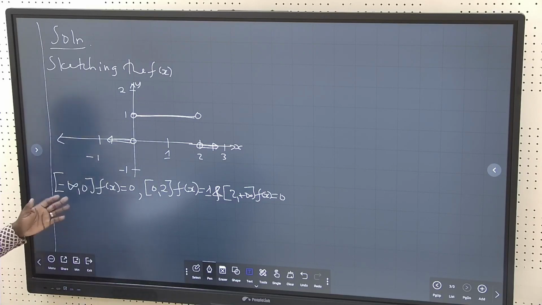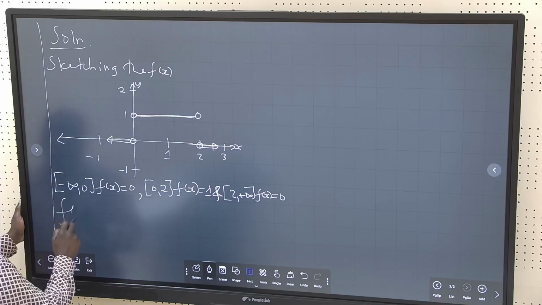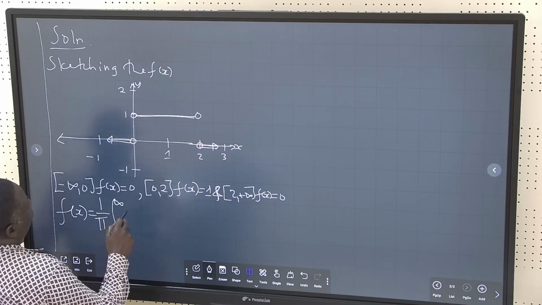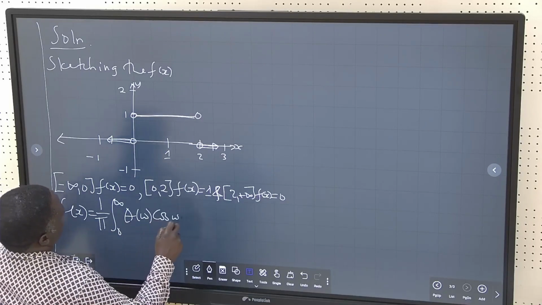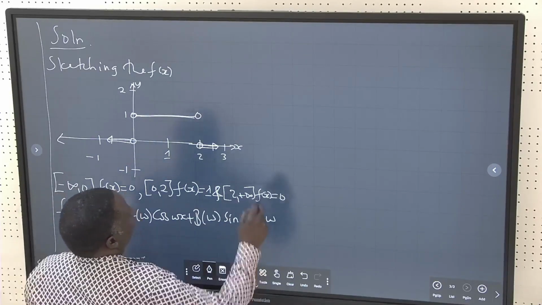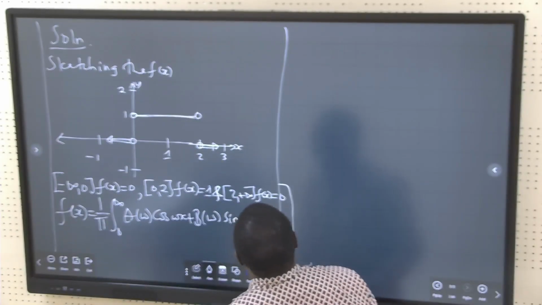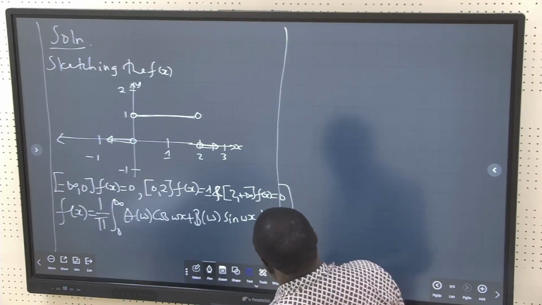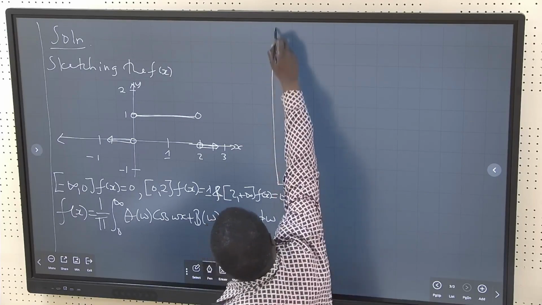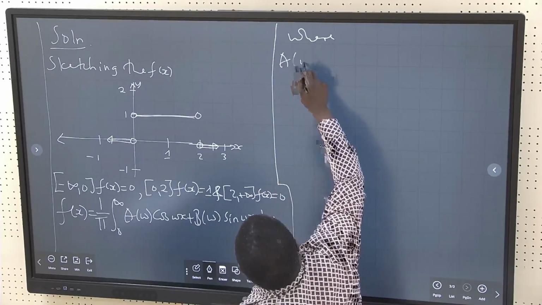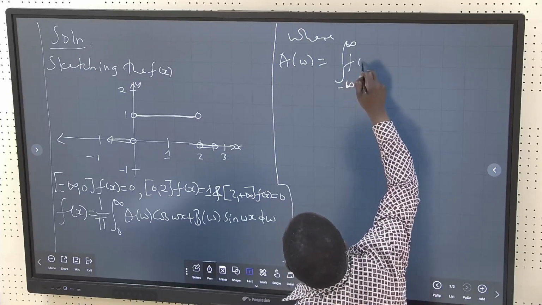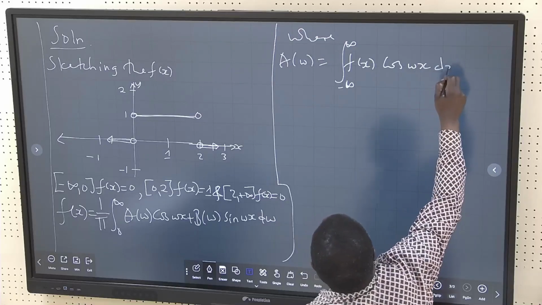Now, these intervals are very important since we know that f of x is given by 1 over pi, the integral from 0 to infinity of a omega cosine omega x plus b omega sine omega x with respect to omega, where a omega equals the integral from negative infinity to positive infinity of f of x cosine omega x with respect to x.